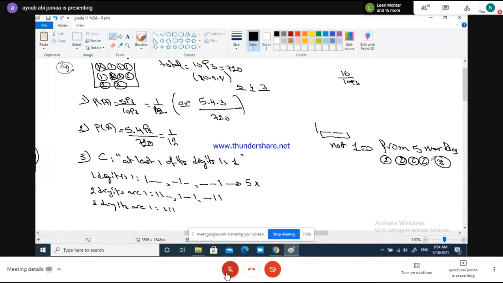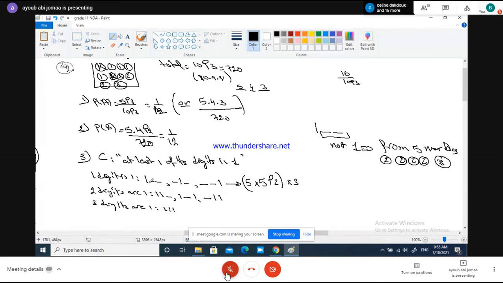Any of these 5 marbles: you get 2 then 3, you get 3 then 2. ما بيهمني, بس كل اللي بيهمني انه يكون وحده من هول 5. So here I'm going to select 2 from 5, يعني 5p2. This is for the first case. نفس الخبرية for the remaining 2 cases, so times 3.